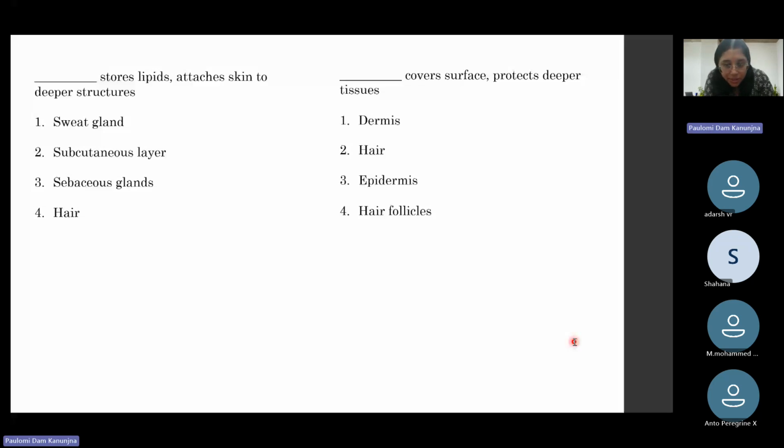Just to confirm, you can see my screen, right? And am I audible? You could type the answer also. It's not an issue. Can you hear me?